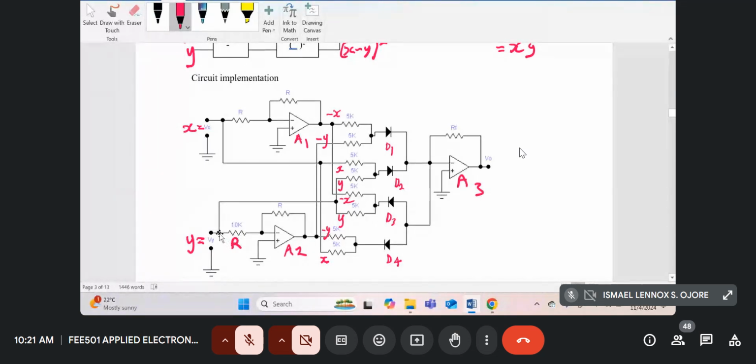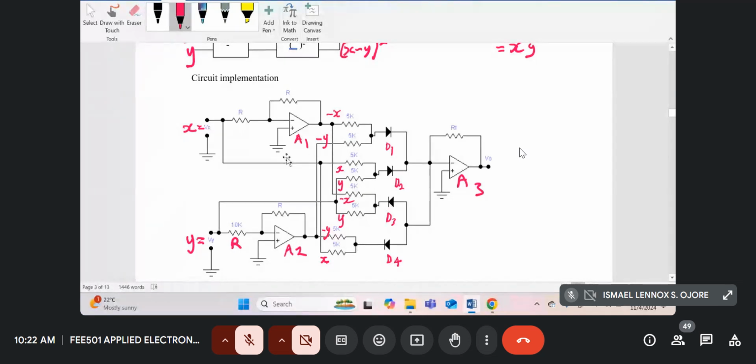Similarly, the input y goes through this top path over here, and then is divided into two at this point. The top part goes to this 5K before going to D2, so there's a similar y here. And the bottom part goes to this 5K, then goes to diode D3 over here.